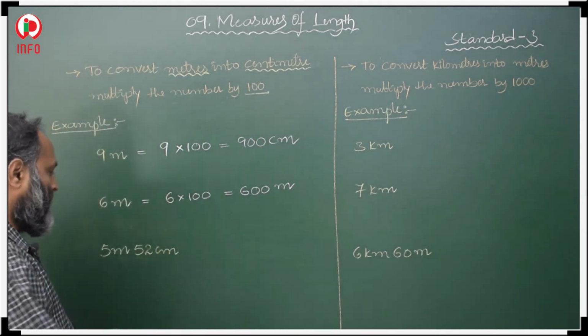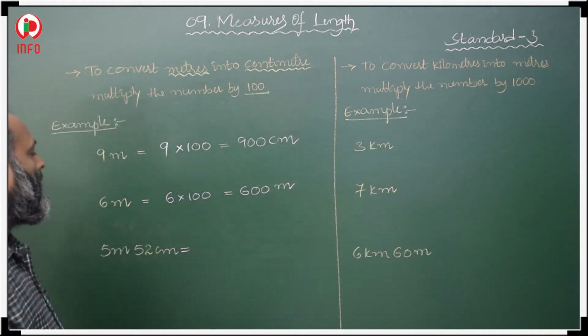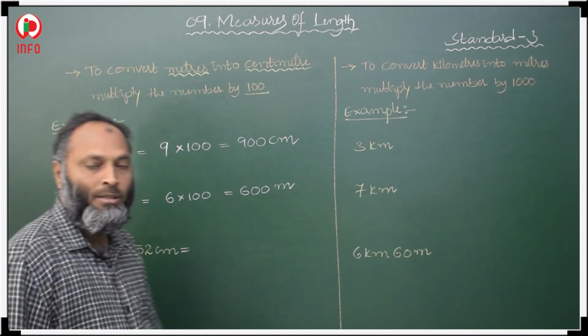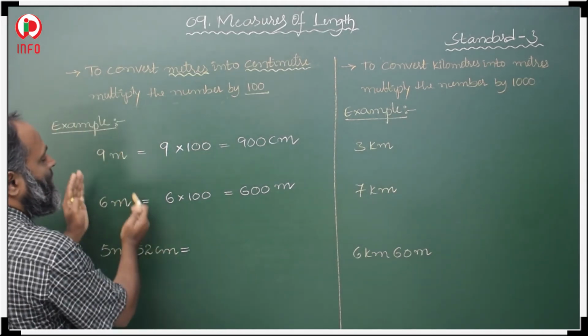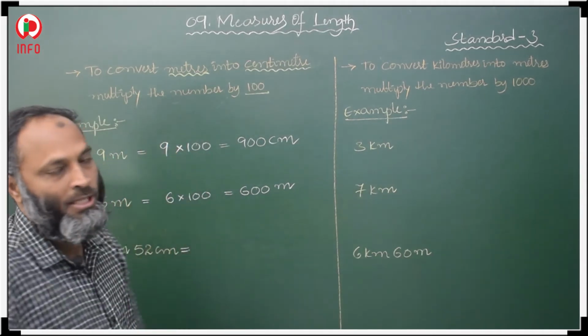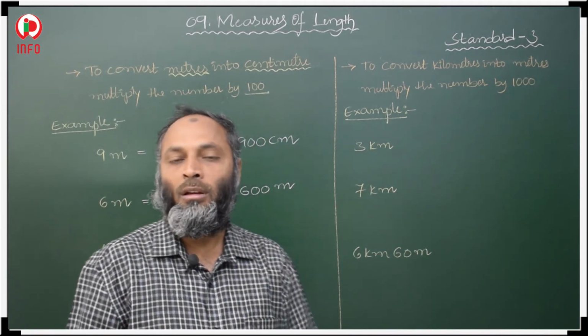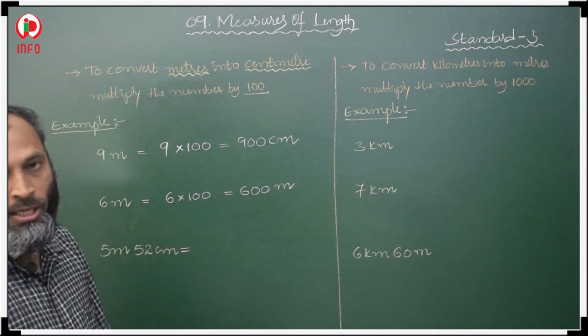Now, 5 meters 52 centimeters. In the earlier examples only meters were given, so we just multiplied with 100. Here there is a combination of meters and centimeters. How to convert?